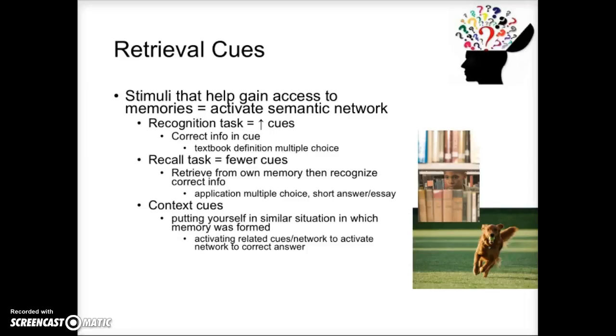Now, for testing, what you may sometimes do is, in your mind, reimagine the context in which you were learning that material. So you may think about this moment right now. Where were you when you watched this video? What was going on?